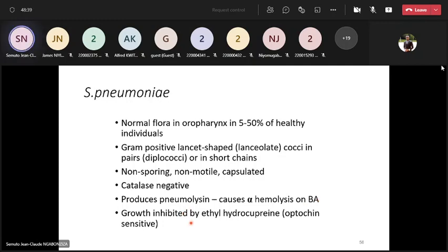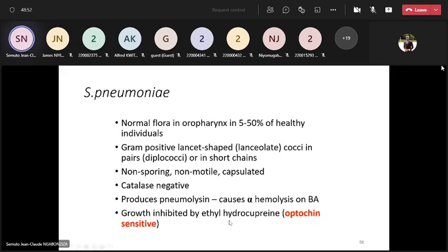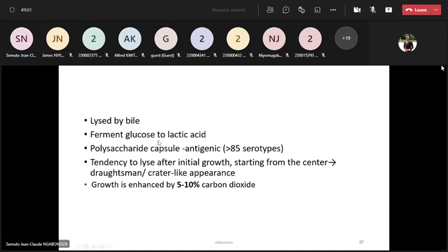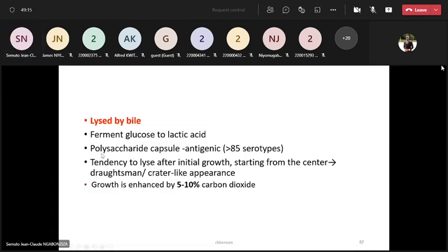Its growth is inhibited by optochin disc, an ethyl hydroxycupreine chemical that can inhibit its growth. It can be lysed by bile. It ferments glucose to lactic acid.